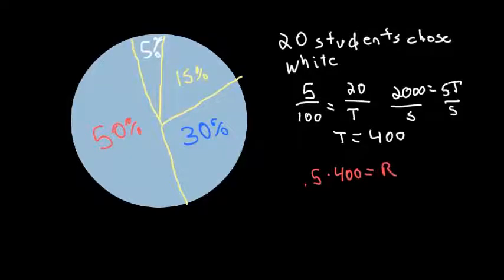So 5 times 0 is 0, 0, 5 times 4 is 20, 1 decimal place. So my total for red equals 200 students. And that makes sense. I chose these numbers to show you the math, but I also chose them because it's pretty easy to see 5 times 10 is 50. Well, 20 times 10 is 200.